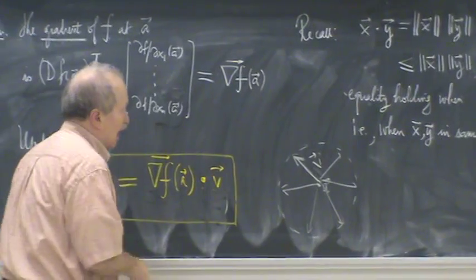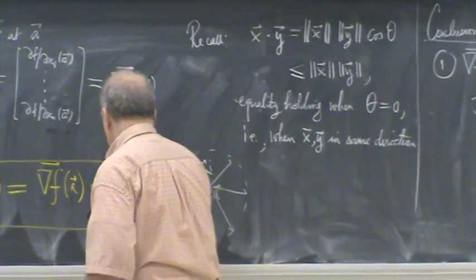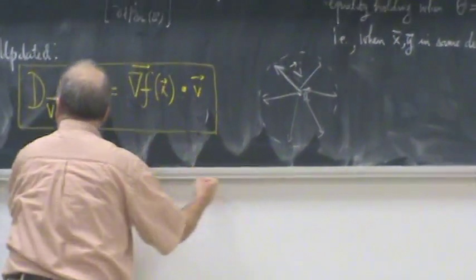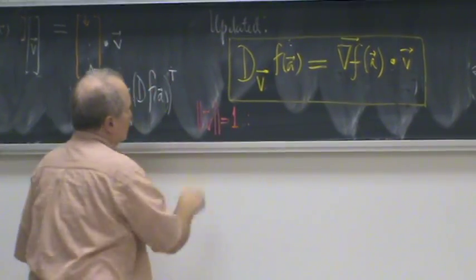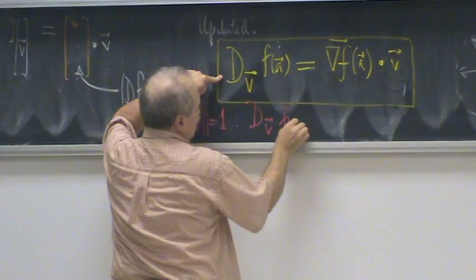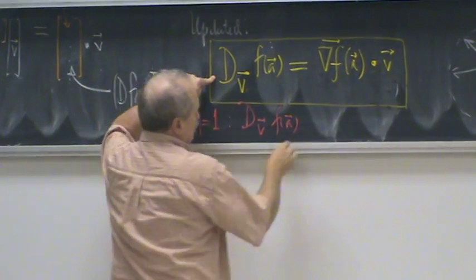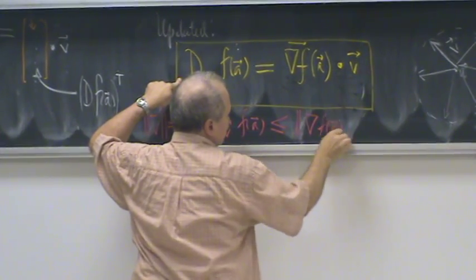So remember, I'm now doing unit vectors here. So this formula says when the magnitude of V is 1, the directional derivative is at most the magnitude of the gradient.